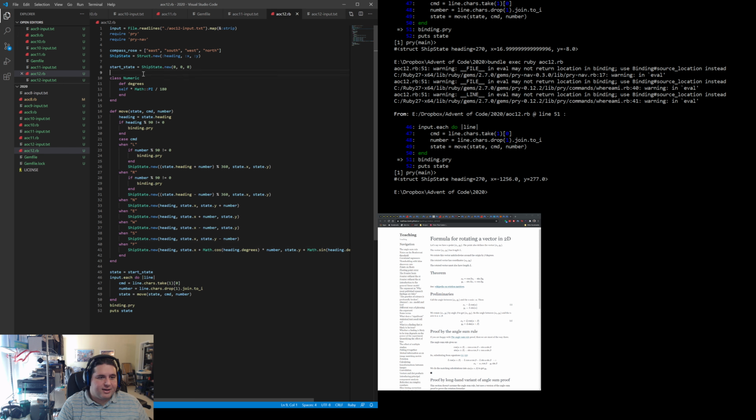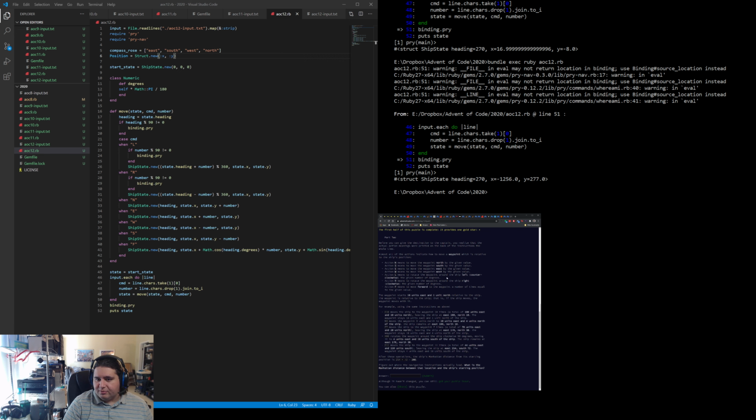So now we have actually a start state, which is a waypoint state, which is x and y. The ship no longer has a heading. So the ship position. So we no longer care about the ship's exact heading, right? Because we rotate the waypoint and then we move forward to the waypoint a given number of times.